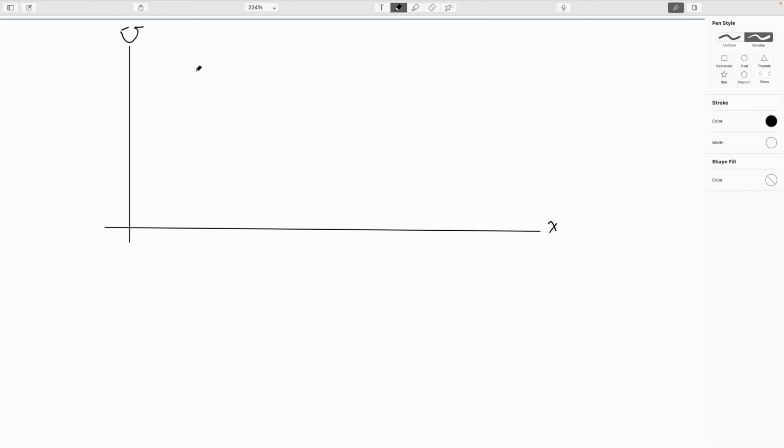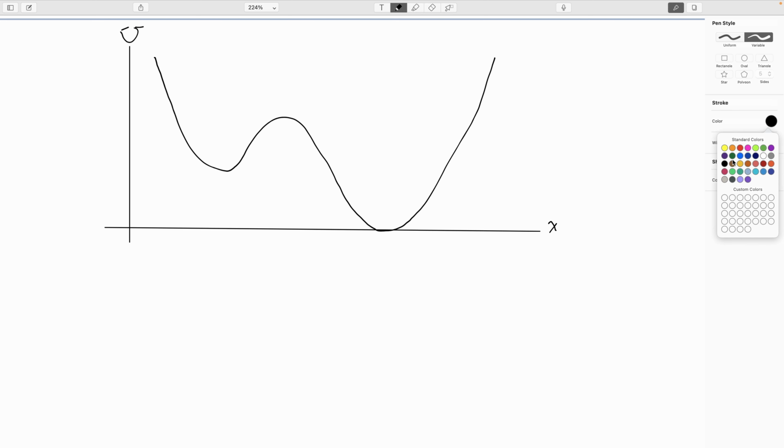We measured a potential energy as a function of distance for something, and what we got looked, say, something like that. All right.